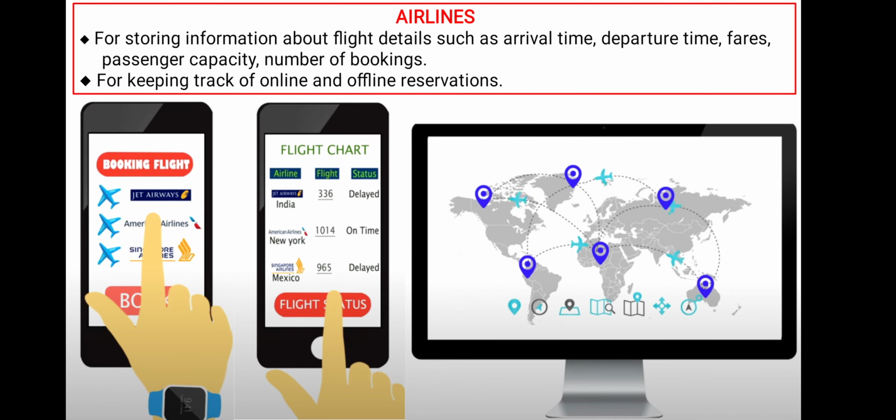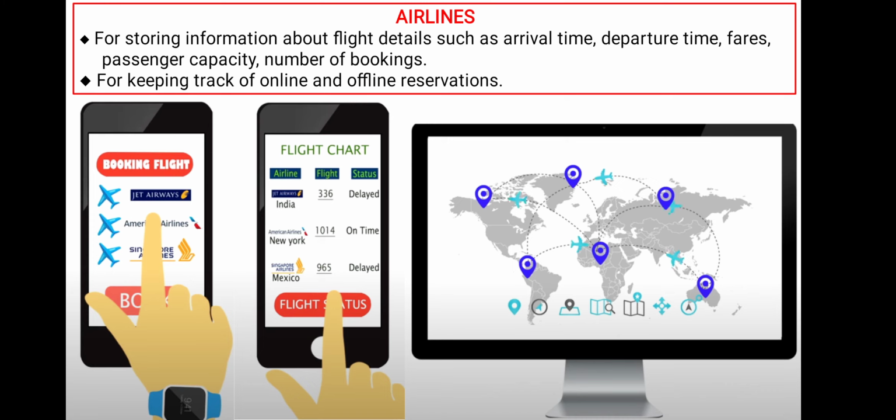For storing information about flight details such as arrival time, departure time, fares, passenger capacity, number of bookings, for keeping track of online and offline reservations, all these things are crystal clear. A pictorial representation of how it can be done is given to you. This is for your kind perusal. Hope this is understood.